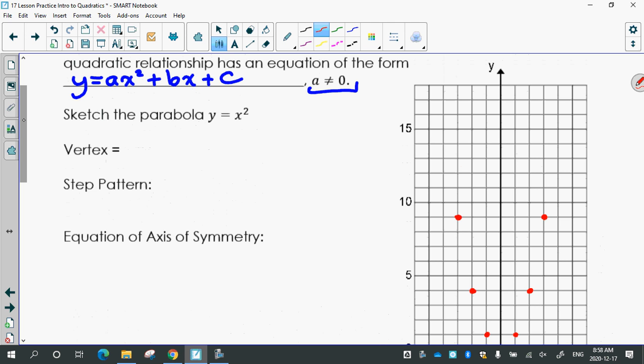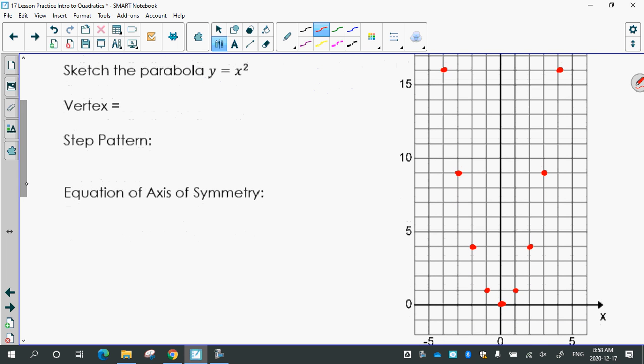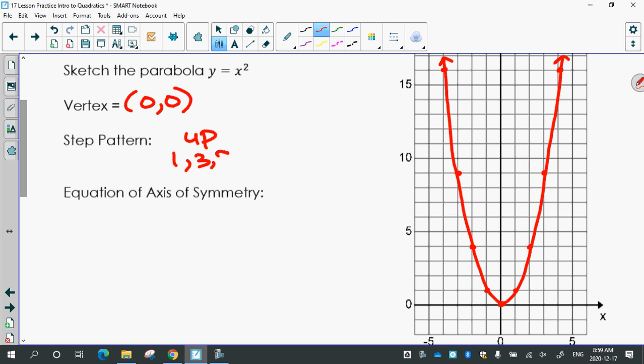Over 1, up 1, 2, 3, 4, 5, 6, 7. We get our second chance at drawing it in. Vertex is 0, 0. Step pattern is up 1, 3, 5. Dot, dot, dot.